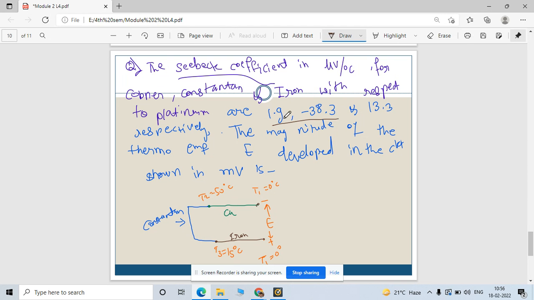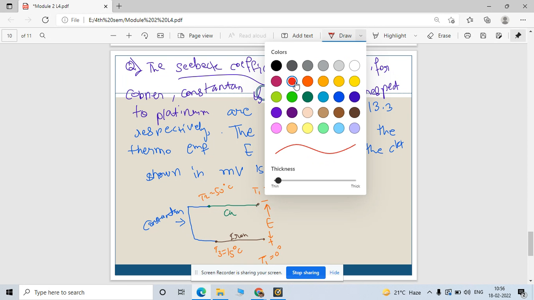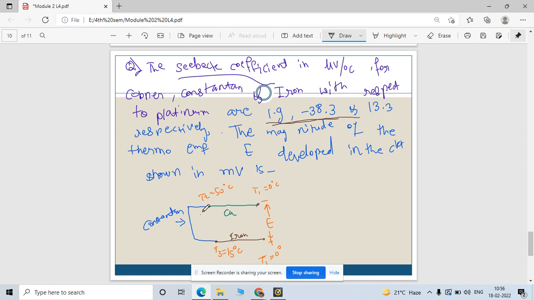Now observe that for this copper it has 1.9, and for constantan it has minus 38.3. This value is already negative, right? So you can say that this constantan wire has a negative potential compared to this copper. So I just mark the polarity here.